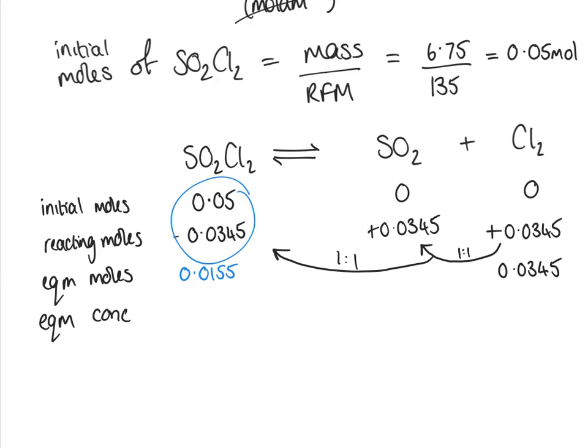What are my equilibrium moles of sulfur dioxide? 0.0345, because it's just 0 plus 0.0345. And then I need to work out my equilibrium concentration. What equation do I use for that?